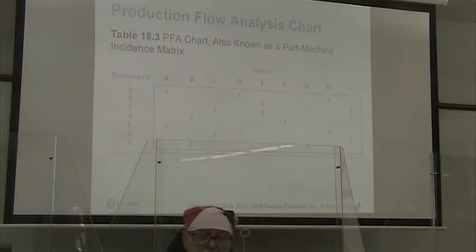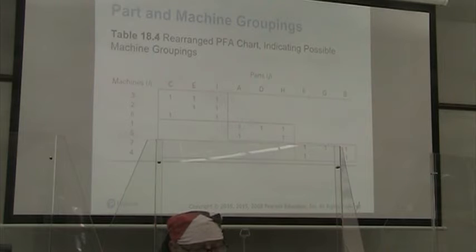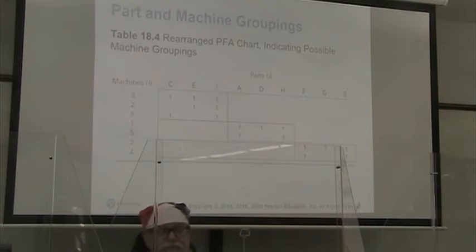All right, so when we have that, well, here they have already rearranged that into possible machine groupings. So having machines 3, 2, and 6 together, and having machines 1 and 5 together, and having machines 7 and 4 together makes sense within the example.